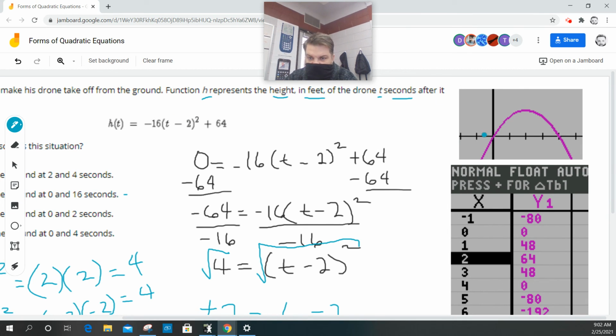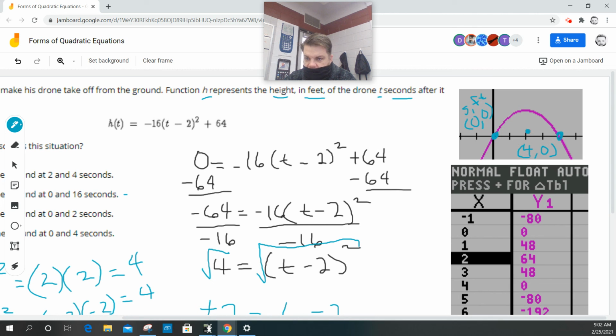Just kind of make it look like this. But the important parts of this is this right here and this right here. Where do those occur? This occurs at the origin 0, 0. So that's 0 seconds and 0 feet. Over here, this occurs at 4, 0.